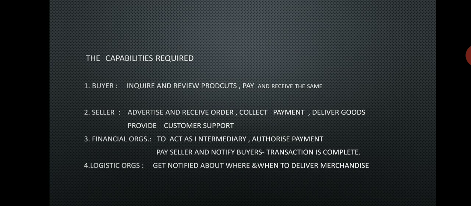So what is the capability of a buyer? The buyer should be able to inquire about the product, review and get the services, place orders, authorize the payment, and receive the product on time. This is the capability of the buyer.